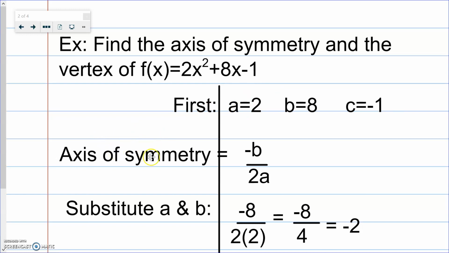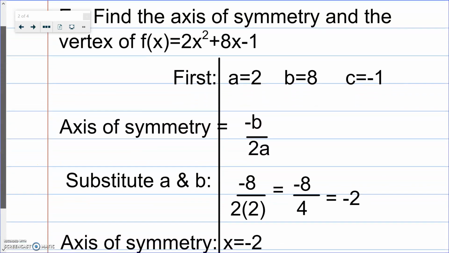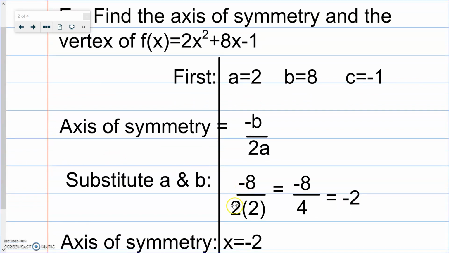So we know that the axis of symmetry is negative b over 2a. Now we plug in 8 for b and 2 for a, and we get negative 8 over 2 times 2, which equals negative 8 over 4, which equals negative 2. So our axis of symmetry is x equals negative 2.